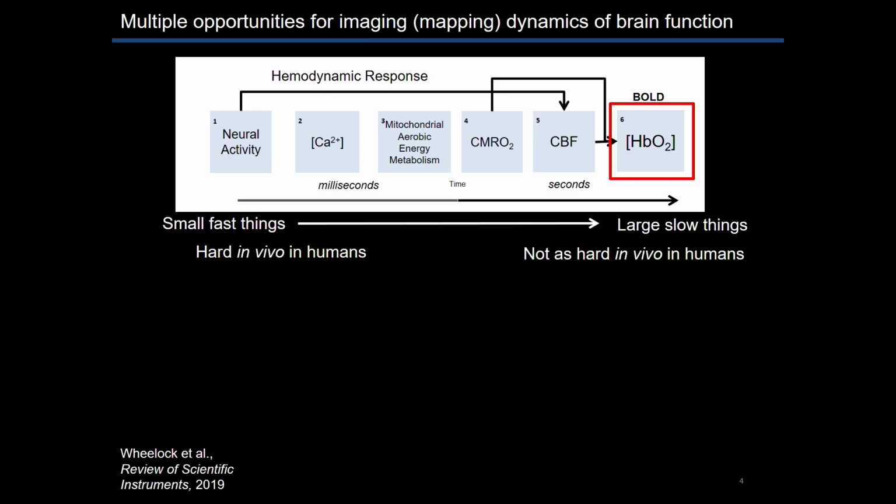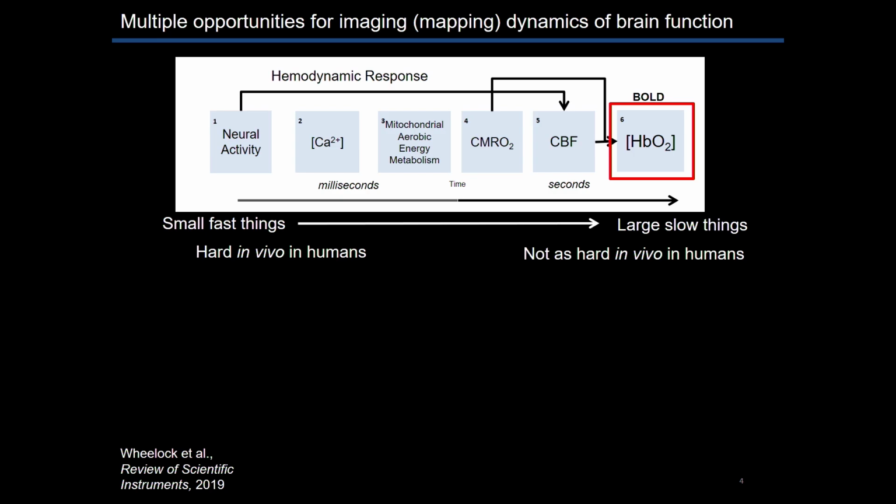So there are multiple opportunities for imaging, and thereby mapping our measurements of spatial temporal dynamics of brain function, going all the way from neuronal activity, which as we know occurs at the bandwidth of milliseconds in very small neurons that are very hard to access in people who are going to sign release forms, through local changes in calcium concentration, mitochondrial changes in cerebral metabolism, all the way up to changes in cerebral blood flow, and then into local changes of oxygenation, or the blood oxygenation level dependent signal of fMRI that is akin to what we measure with functional near-infrared spectroscopy.